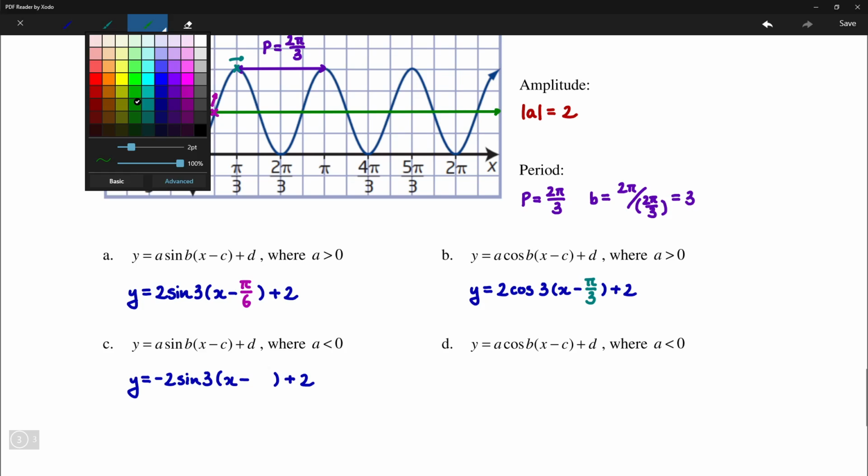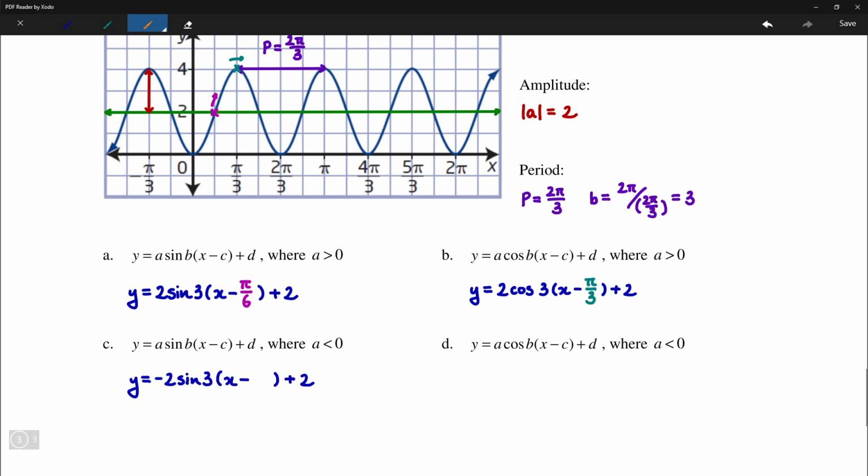Okay, so let's look at what we have here. In this case, if we have negative pi over 6, that point is at the midline and then it's moving downwards to the right. So that's a possible choice. So we can write this as negative 2 sine 3 and then x plus pi over 6 and then plus 2.